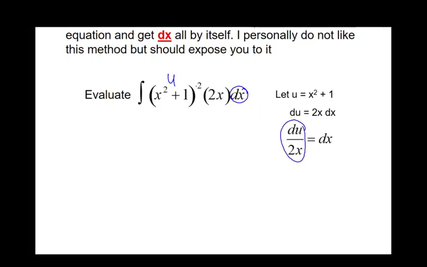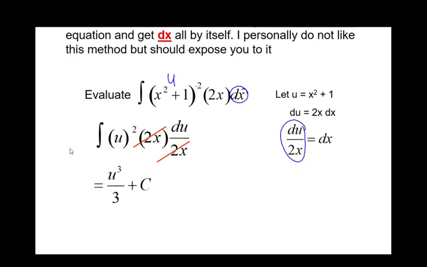And now this is what I don't like about it. When you do your substitution, you're now going to have x's and u's in your equation, but these two x's will divide out with each other and leave you with u squared du. I don't like the fact that when you're done substituting, you've got x's and u's in your equation that you have to divide out or do some kind of algebra to fix.